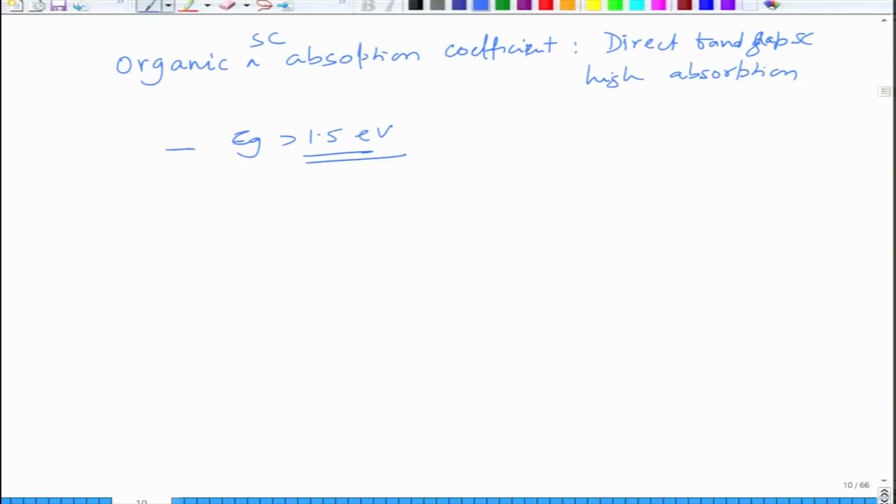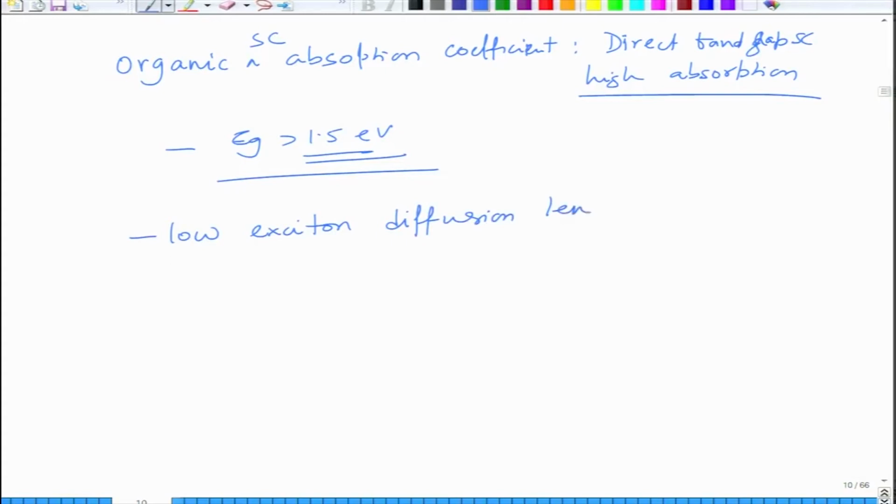If you summarize these materials, they are direct band gap semiconductors. They have a relatively higher band gap, and they have a low exciton diffusion length, the maximum length they can travel before electrons and holes recombine.